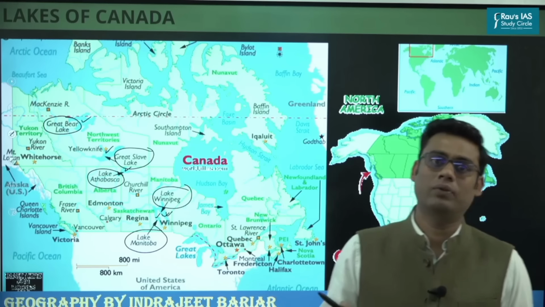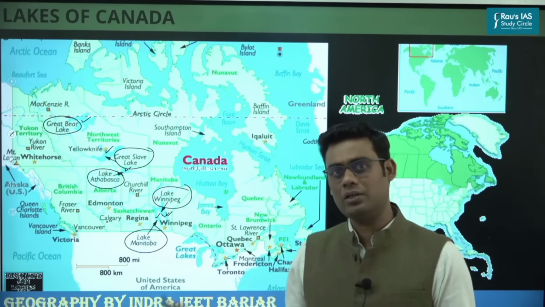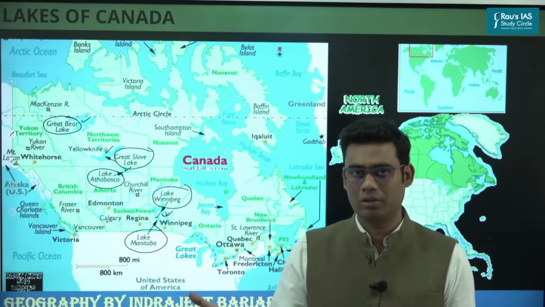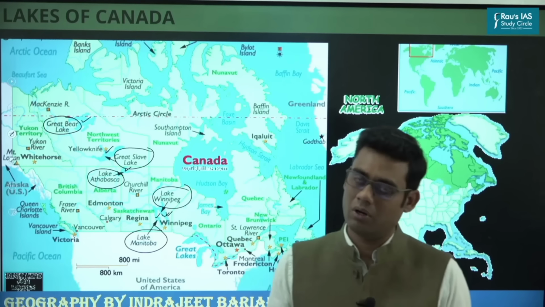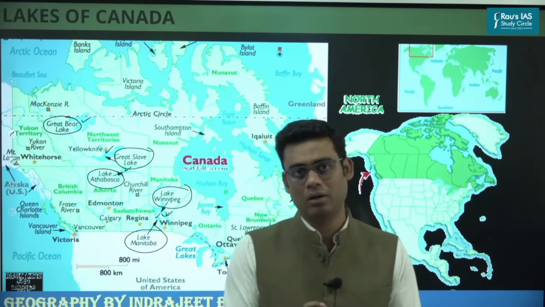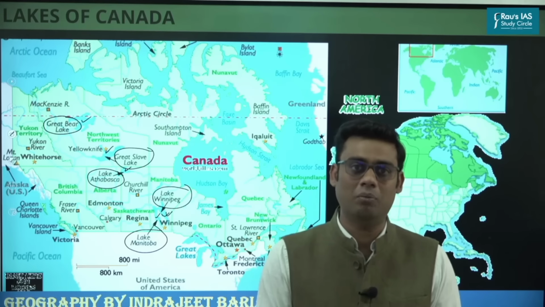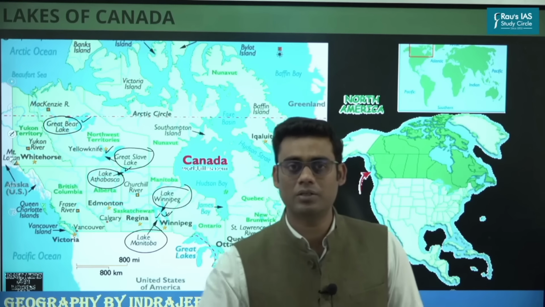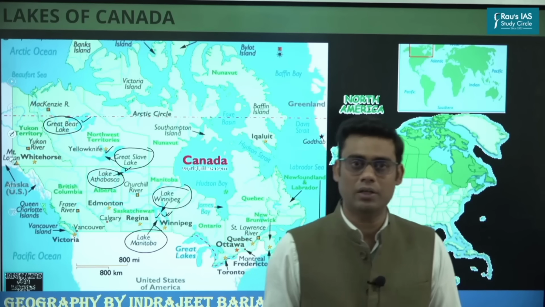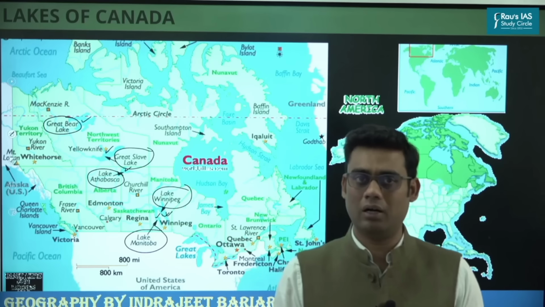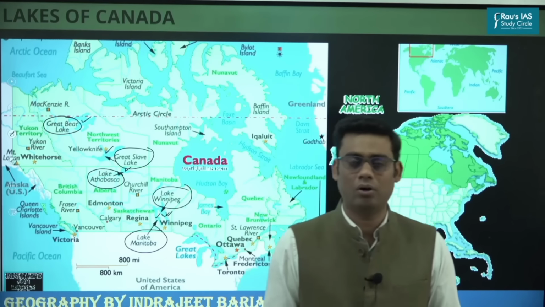And their origin is exactly the same as what I have discussed for the Great Lakes system, or in general the lake systems of North America, which is that they all are the result of glacial meltwater in earlier times during the recession of the Great Ice Age. So these are the major lakes and lake systems of North America.